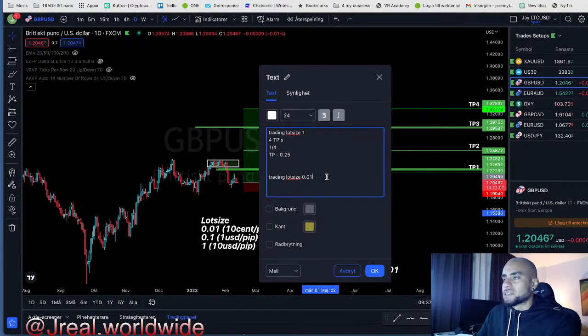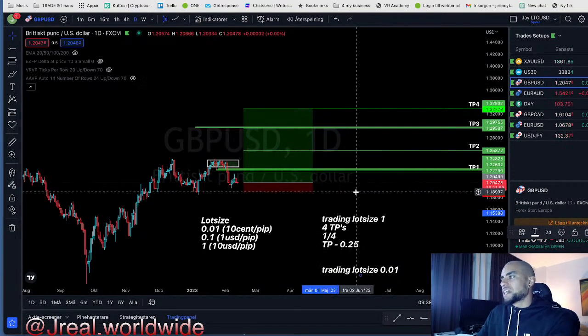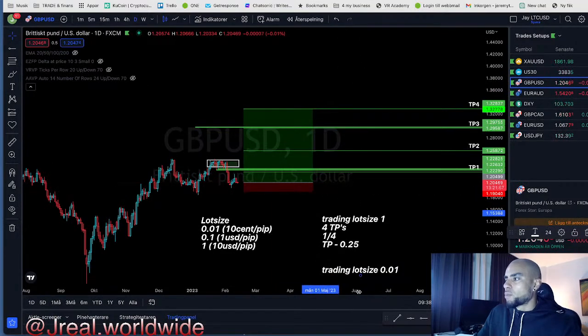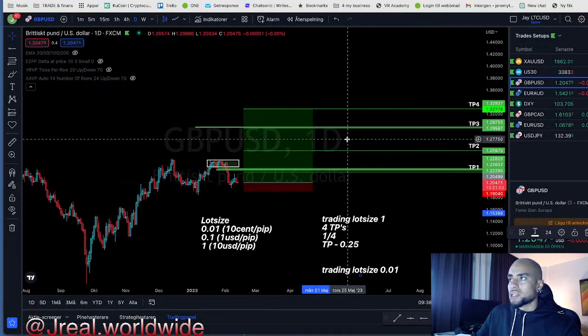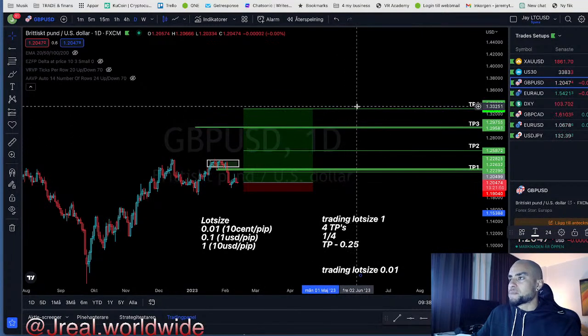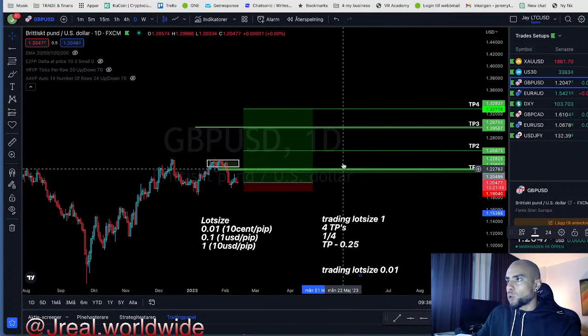How are you going to split this up into 4 trades? You can't. So what I'll always say is, if that is the case, that you're using 0.01, use either take profit 1 or take profit 2. Don't even look at take profit 3 or take profit 4.